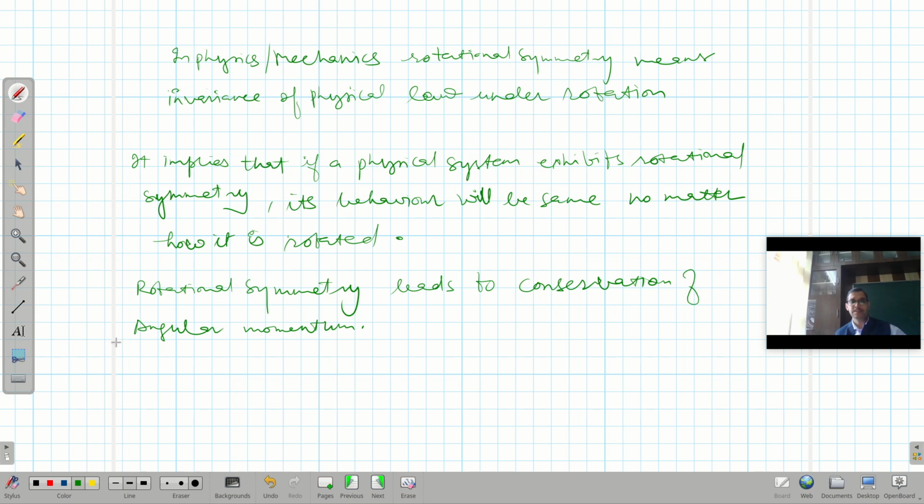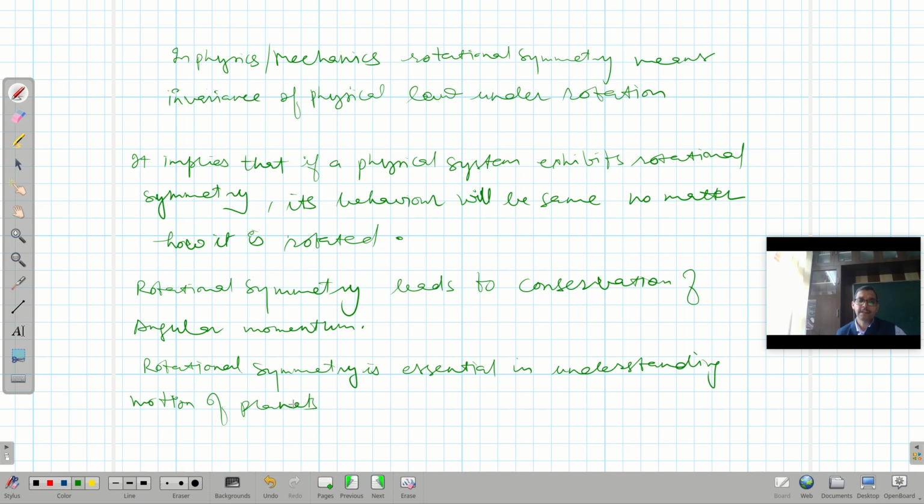This principle, or in other words I can say that rotational symmetry, is essential in understanding motion of planets, spinning tops, and other rotating objects.